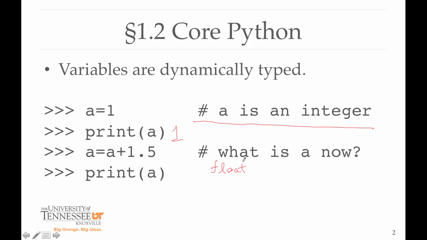If you were to print what A is, you would get the value 2.5, which is clearly a floating point value. So A was originally defined as an integer by defining it to be the literal 1, and now it has become a float.